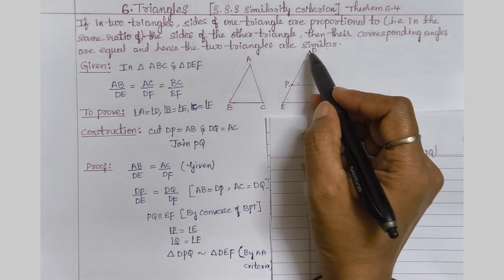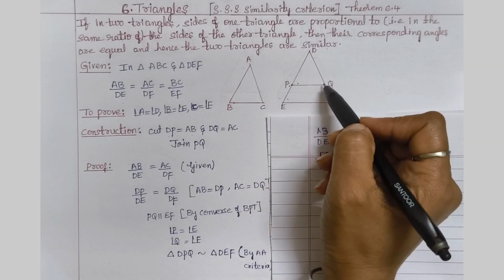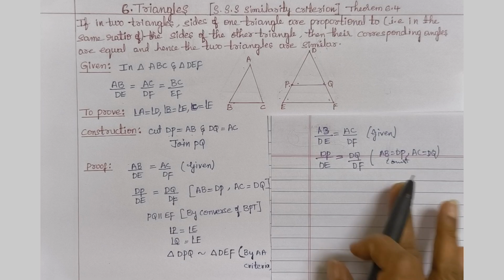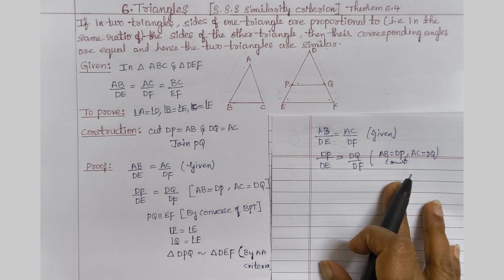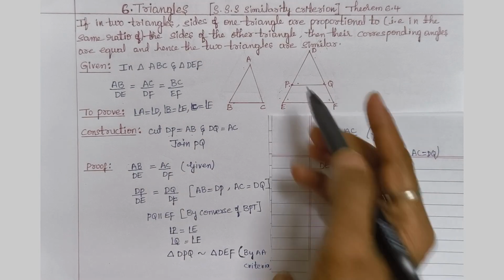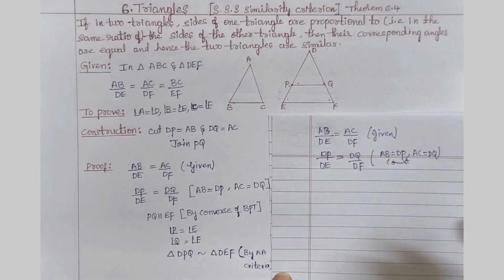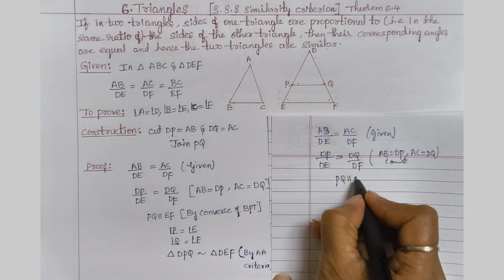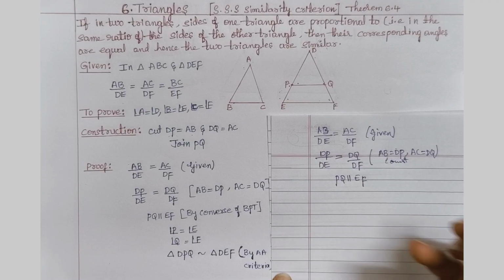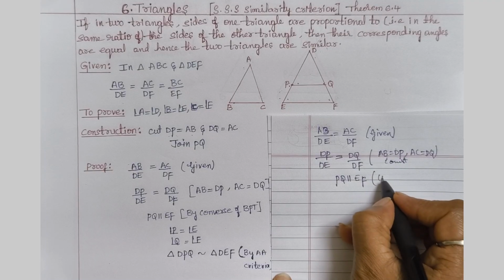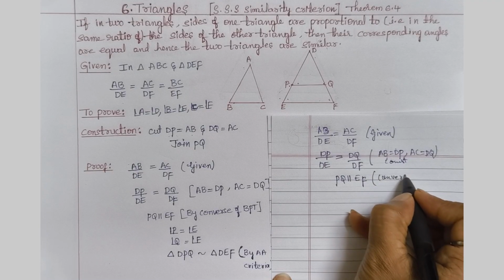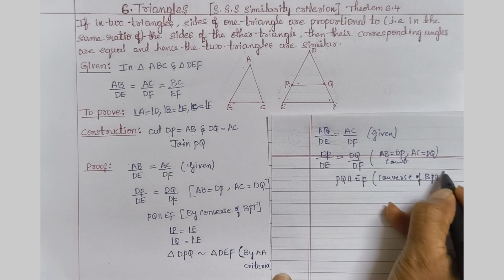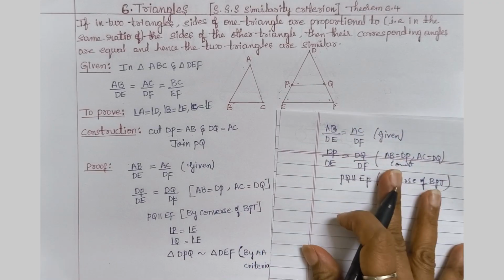By using it, this side by this side and this side by this side, these two sides are proportional, so we can write the third side is parallel. What is the third side? This is the third side. So PQ is parallel to EF. What is the reason? You can write converse of BPT.